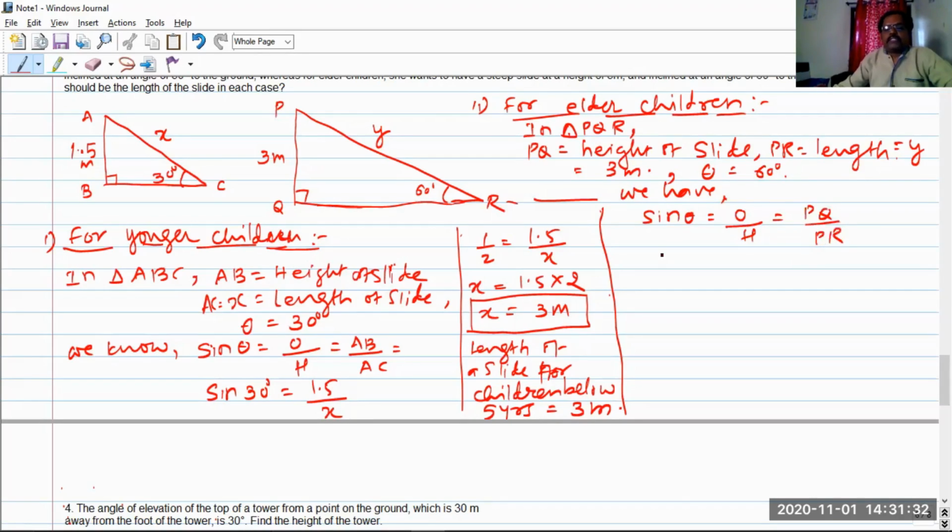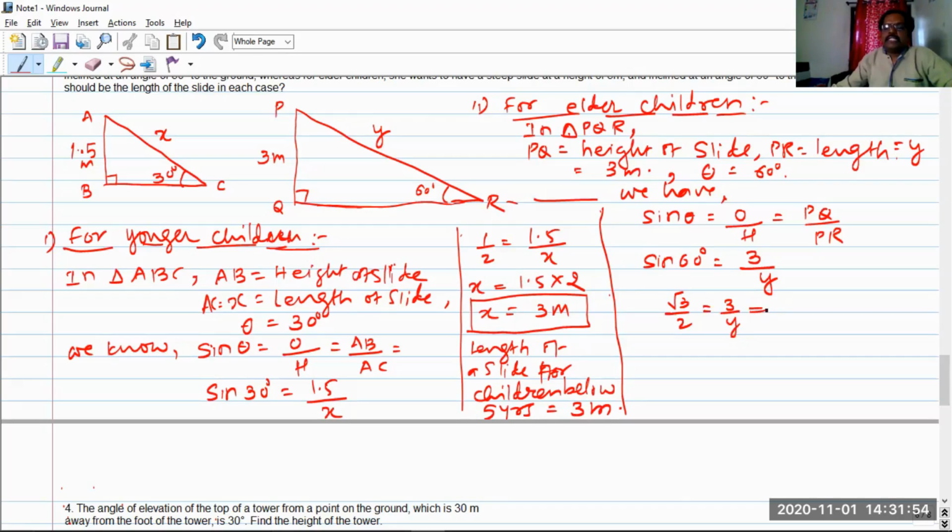Theta is 60 degrees, so sine 60 equals the opposite side PQ, which is 3 meters, over the hypotenuse we need to find. How much is sine 60? It is root 3 by 2, which is equal to 3 upon y.